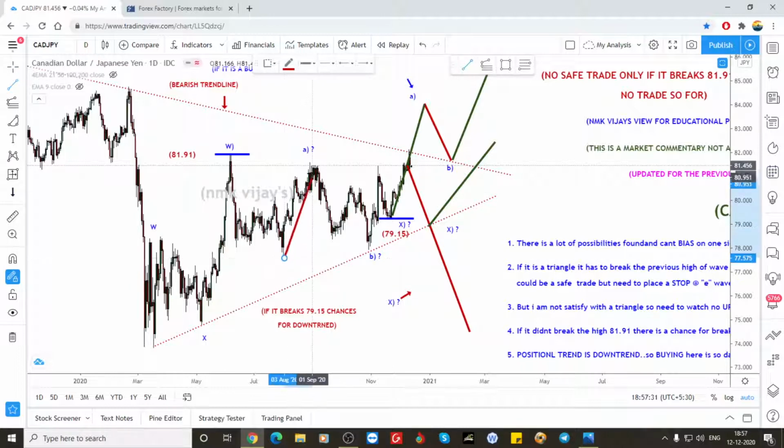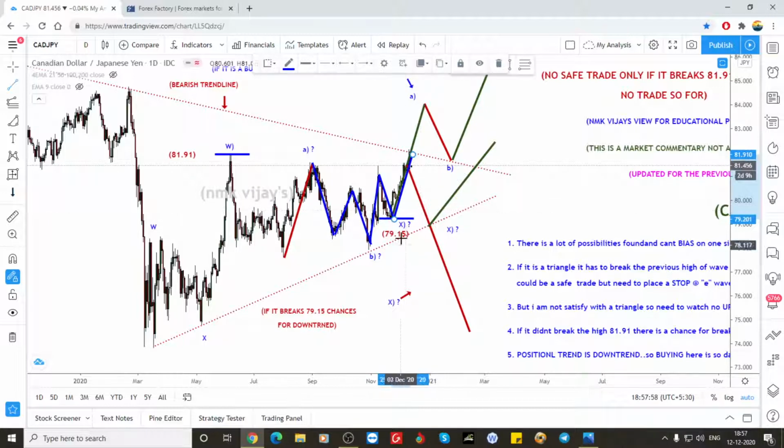So here is one five-wave structure that has got an A. So we can change this to a blue color. So this A, B, C could be a W. This is a three-wave structure.